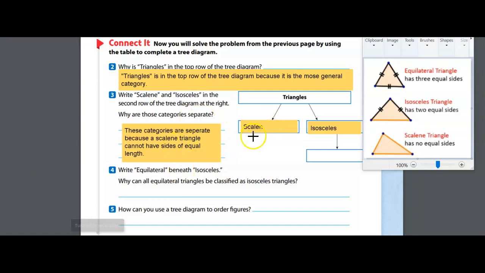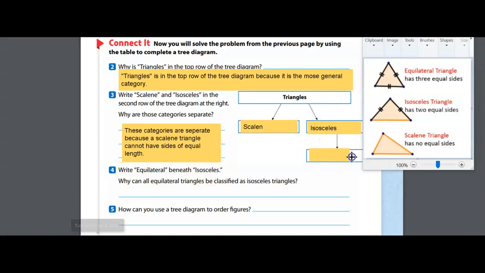So you should have written scalene and isosceles in both boxes, and your response should say, these categories are separate because a scalene triangle cannot have sides of equal length, nor can an isosceles triangle. Let's go to number 4. Write equilateral beneath isosceles.